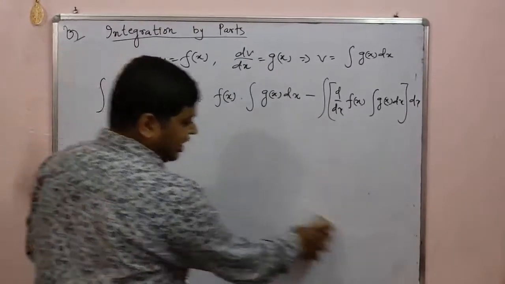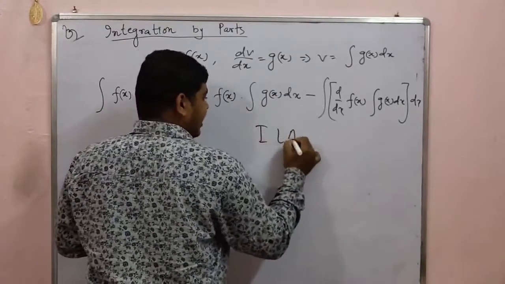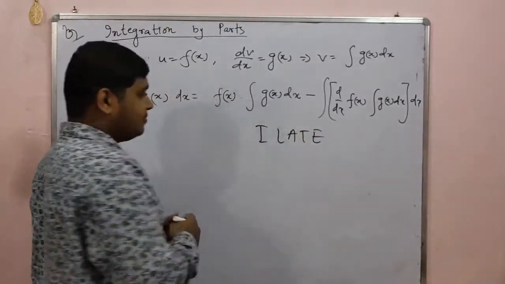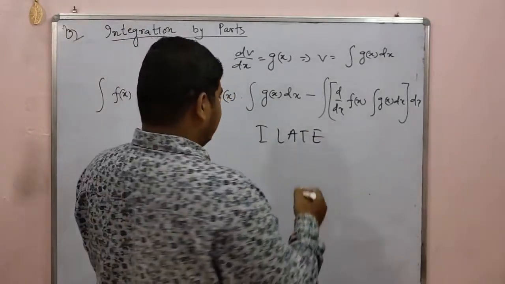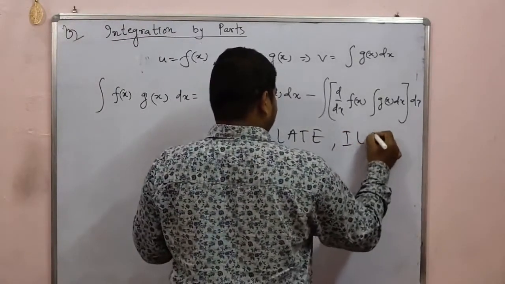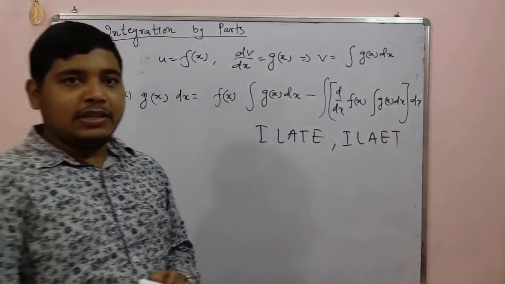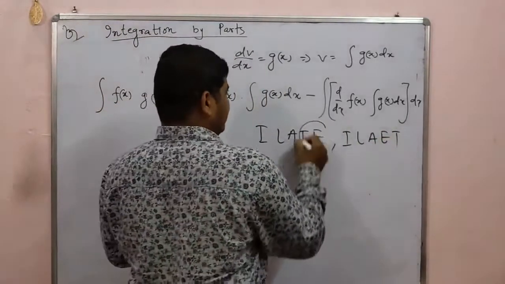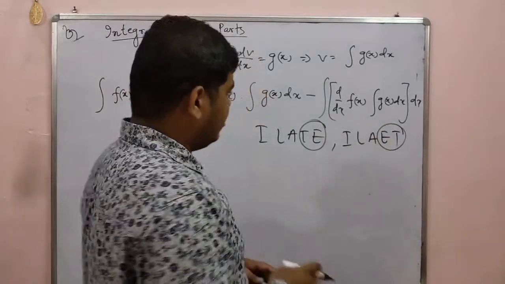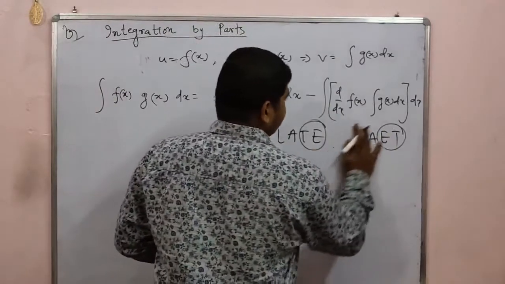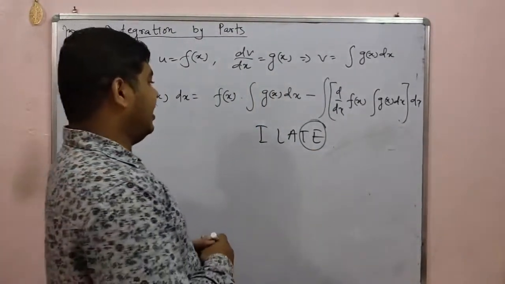That rule is ILATE, or in some books ILAET. The last two functions do not matter actually. So this is the method that we follow, ILATE.